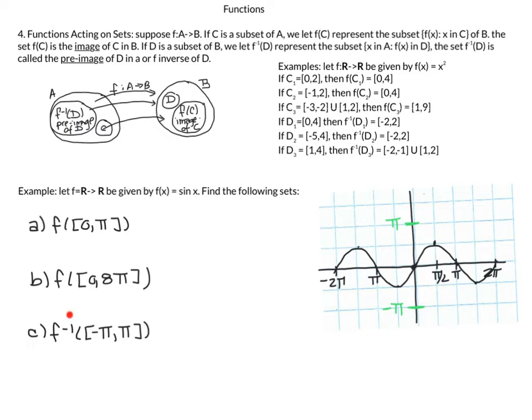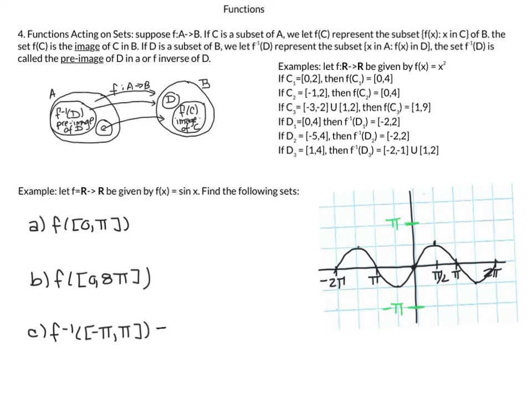This last problem is a little bit different because of this inverse or pre-image. So this part here, the -pi to pi, is now not in your domain, it is in your codomain. So in other words, this is asking if in my codomain I am looking between -pi and pi, I want to know what the pre-image is, what are the values of x that map to something between -pi and pi.